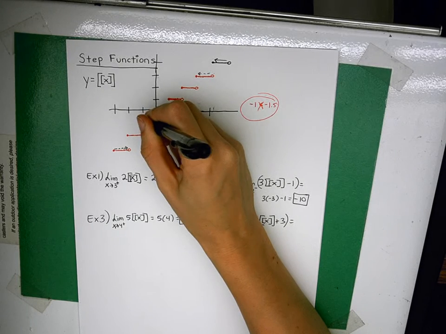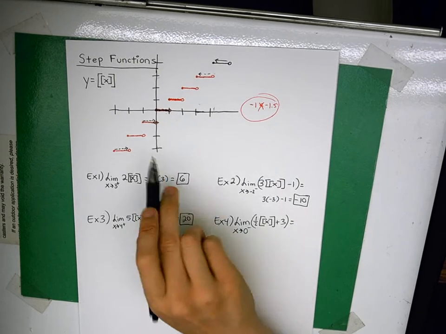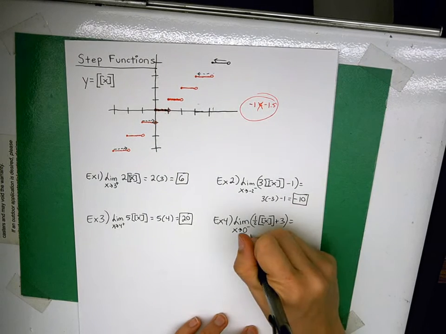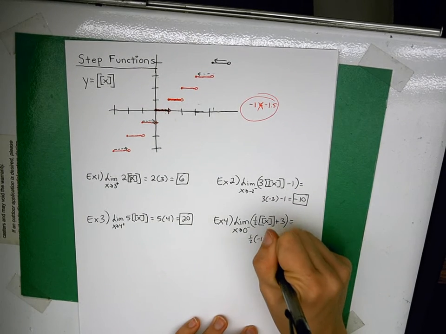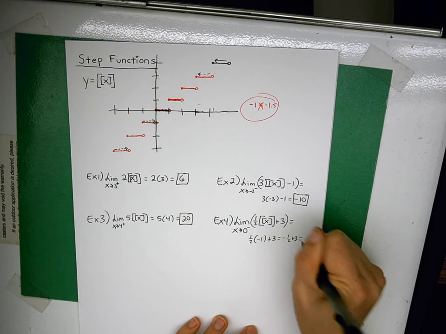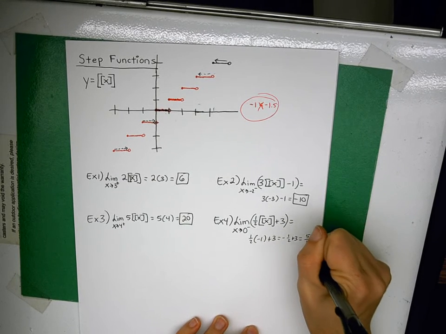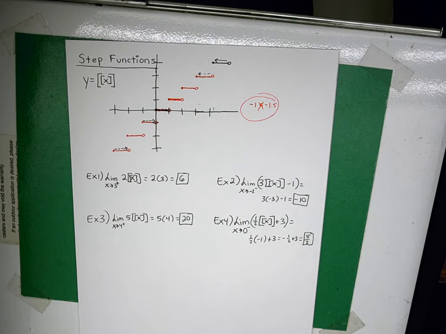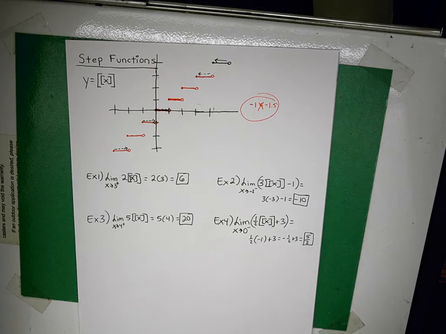So here's x equals 0, so we're talking this function. That's approaching 0 from the left. And that's at negative 1. So this is 1/2 times negative 1 plus 3, which is negative 1/2 plus 3, which is 5 halves, or 2.5 if you prefer the decimal. Okay, and that's step functions.